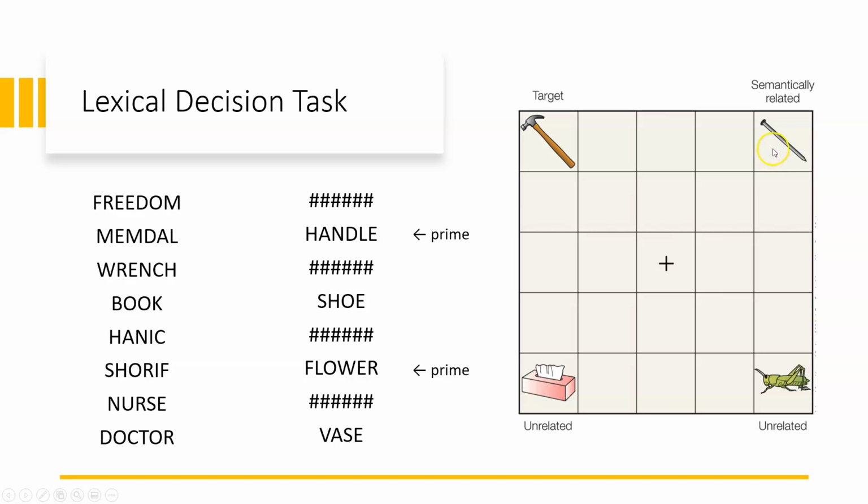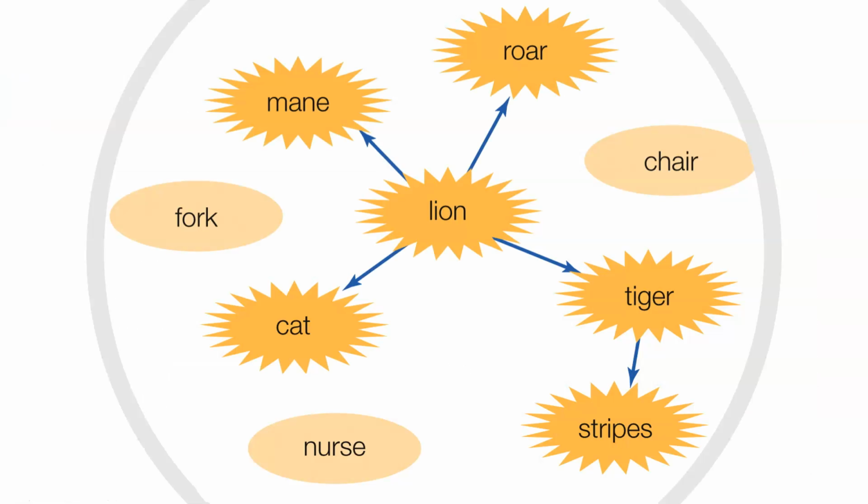Interestingly, this doesn't just stop at the single layer of hammer to nail, but it can continue on to other similar words that are related to nail, like screw. Even though hammers aren't related to screws, nails are related to screws, and a picture of a screw would also become a lure. This is how that would look theoretically. If you heard the word lion, all these other words I mentioned before would be activated. But other words similar to them would also be activated.